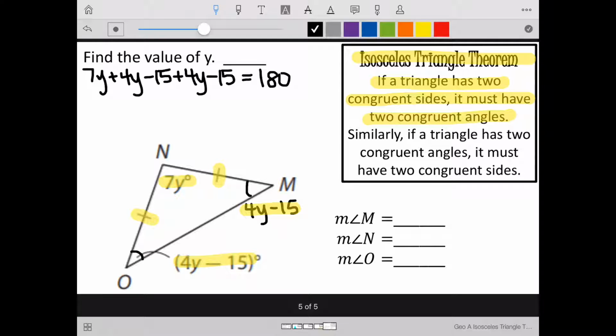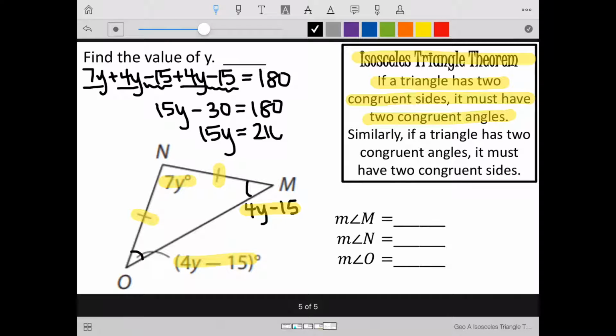Let's solve. 7 plus 4 makes 15y. Negative 15 plus negative 15 makes negative 30. Add 30 to each side, and we get 210. And then if we go 210 divided by 15, we can find the value of y, which is 14.